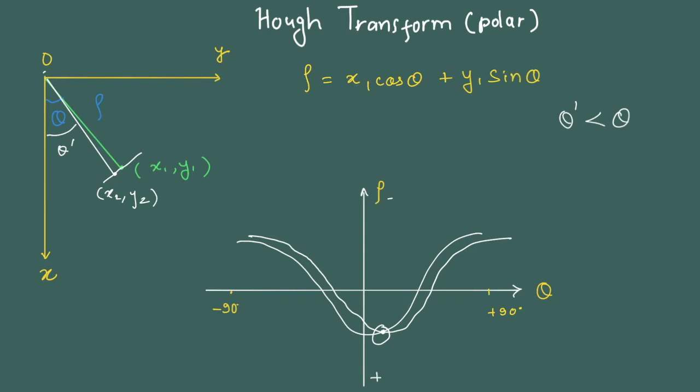Hence, all the points which are lying on one line will be coinciding in rho theta plane. So wherever you see these sinusoidal waves coinciding, that is an indication of a line. Greater is the length of the line, more dense will be the intersection point.